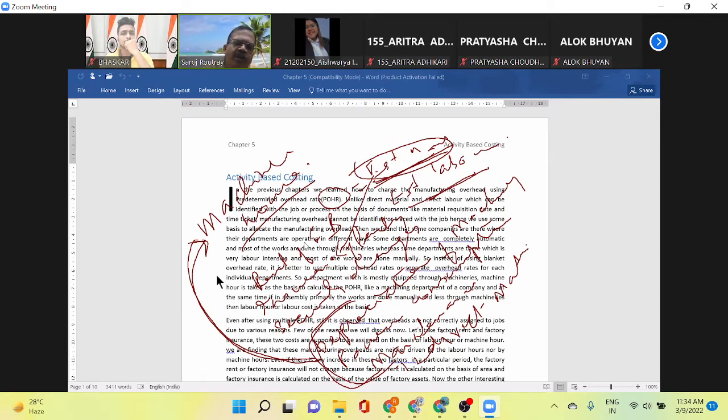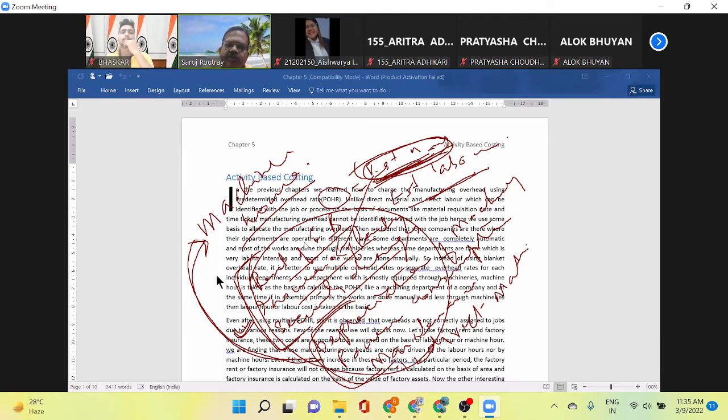But when it comes to rent of factory building, insurance and security charges, which are also part of your total estimated manufacturing overhead, I don't see that driving factor. The machine hour is not the driving factor. Whether more or less machine hour is incurred in a particular period of time, rent of factory building, insurance of factory assets, security charges, etc., don't get affected by the machine running. But when you calculate the manufacturing overhead, you take everything that is incurred in the factory.